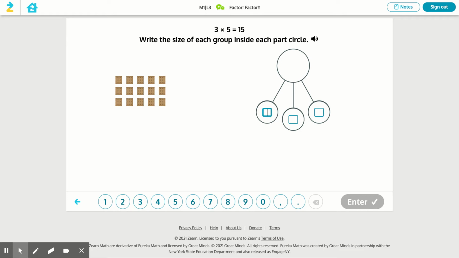In your Nearpod, please tell me what number is going to go inside of each of our part circles. Remember, your part circles represent the number of items in each row. You should have written that there were 1, 2, 3, 4, 5 graham crackers. So the number that's going to go in each of our part circles is the number 5.